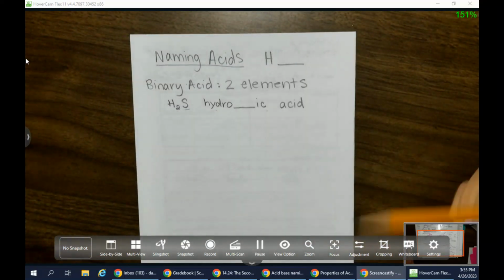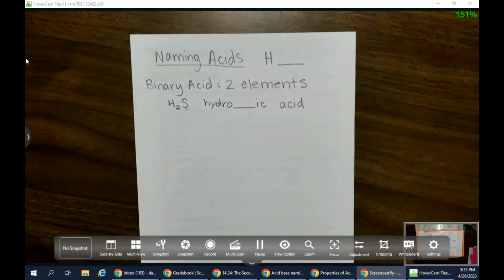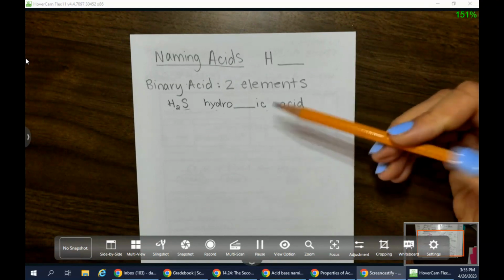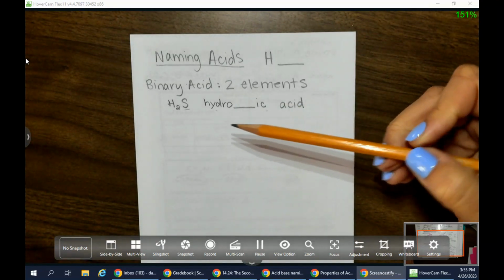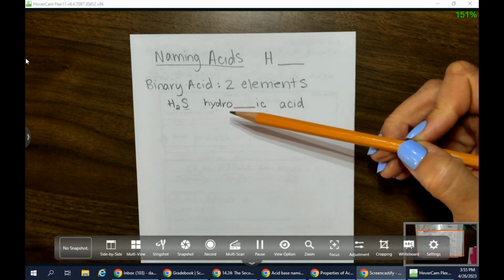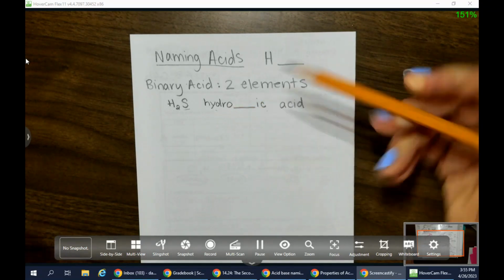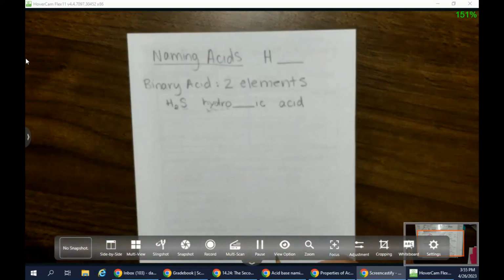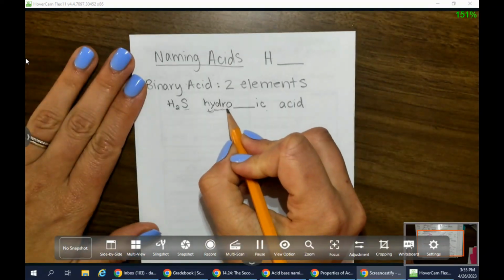So using those three pieces, that's how you're going to figure out if you have a binary acid. Okay? So if you have a list of acid names, if it starts with hydro, that's binary. If it doesn't have hydro, that's not binary. Okay? So this part is really going to be your best friend. Look for hydro.